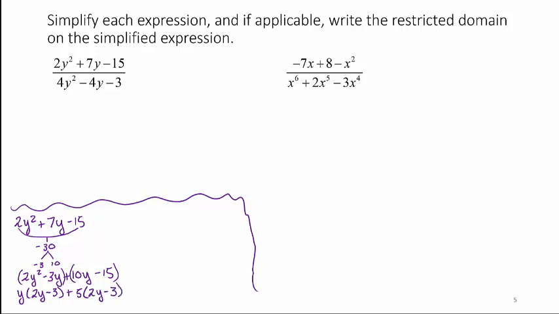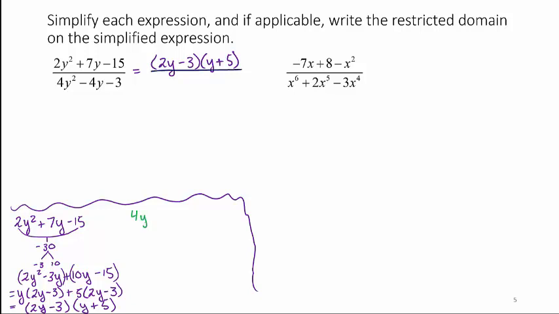Now, 2y minus 3 is common to both of those terms, so factor it out. Okay. So we have 2y minus 3 times the quantity y plus 5. That's the numerator. Okay, now let's look at the denominator.